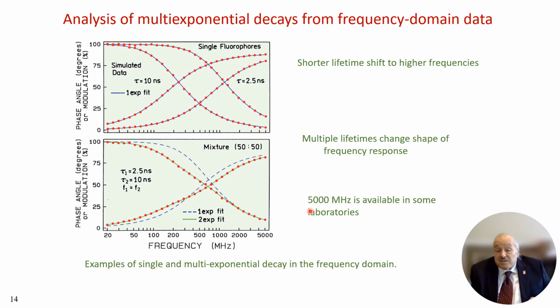We use this as a test to recover the multi-exponential decays. You'll notice that this goes to a very high frequency here. This is something that's available in some labs, but most labs are limited to the 200 megahertz range.